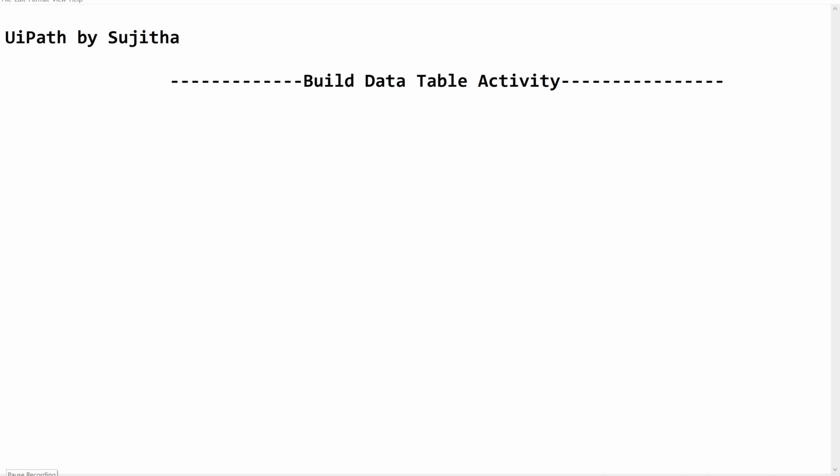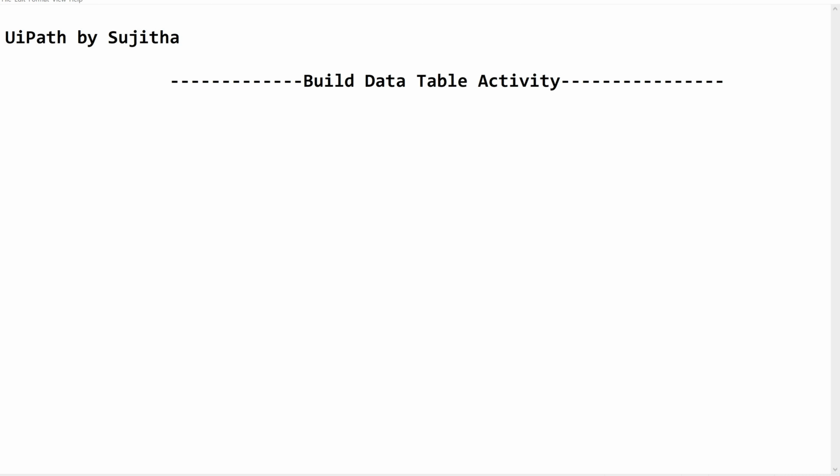In this video, we are going to learn about build data table activity. So far we have learned about the data tables and data types and different activities or methods which are available in UiPath Studio in order to create data tables, right? This is one among them. Using build data table activity, we can build our customized data table.